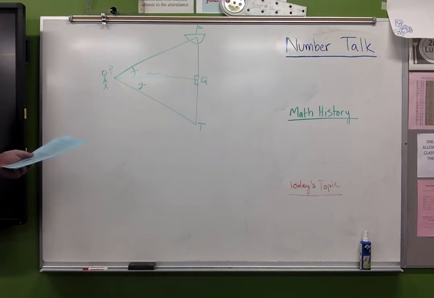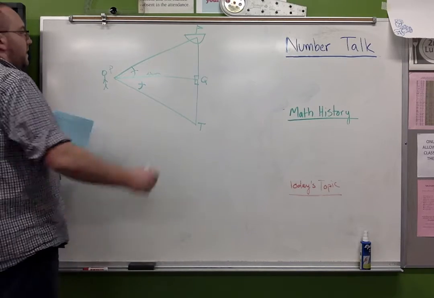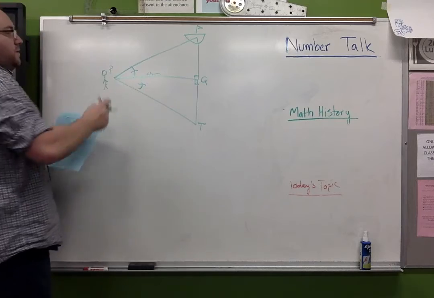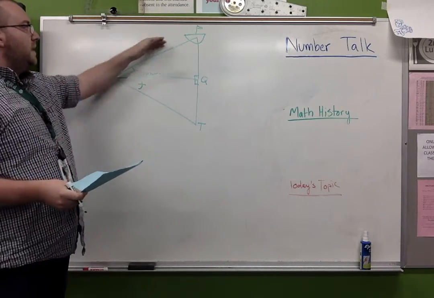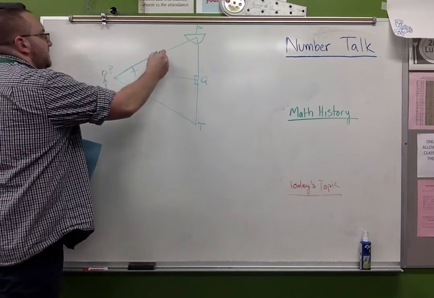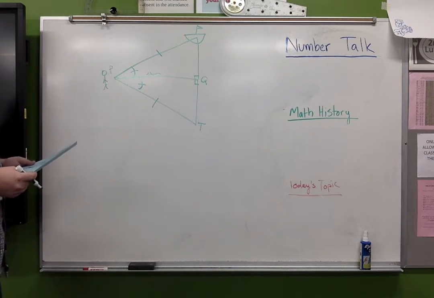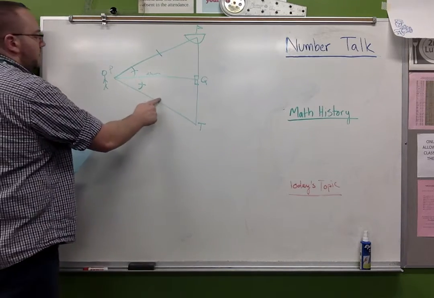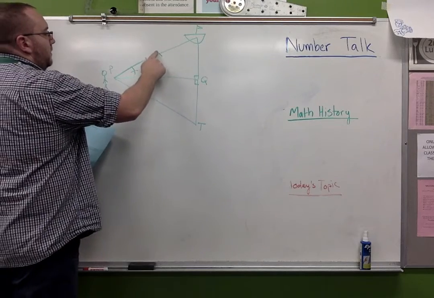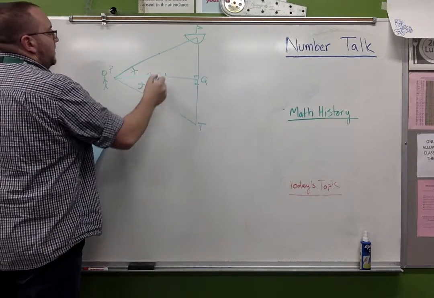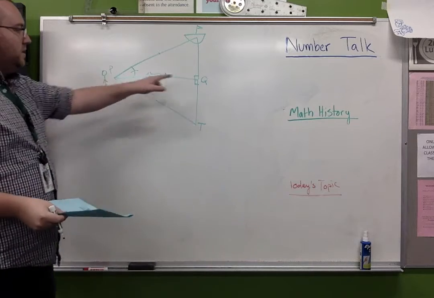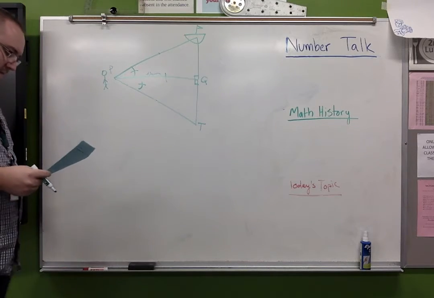Okay. Oh no, sorry. Wrong. I misread it. The shore is equal to itself, right? PQ is equal to itself by reflexive.